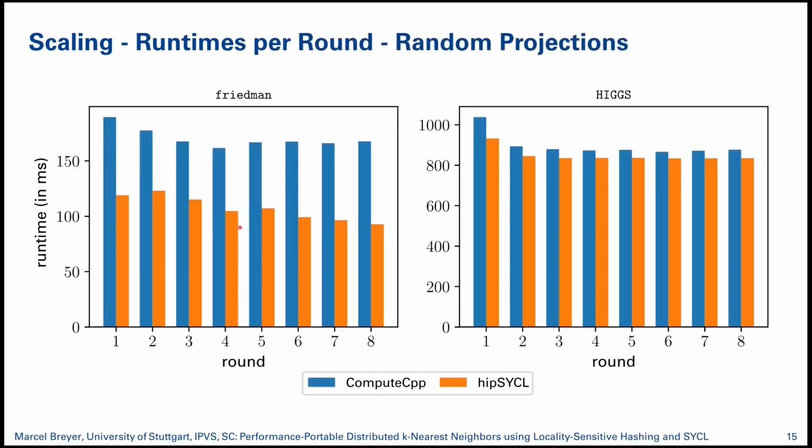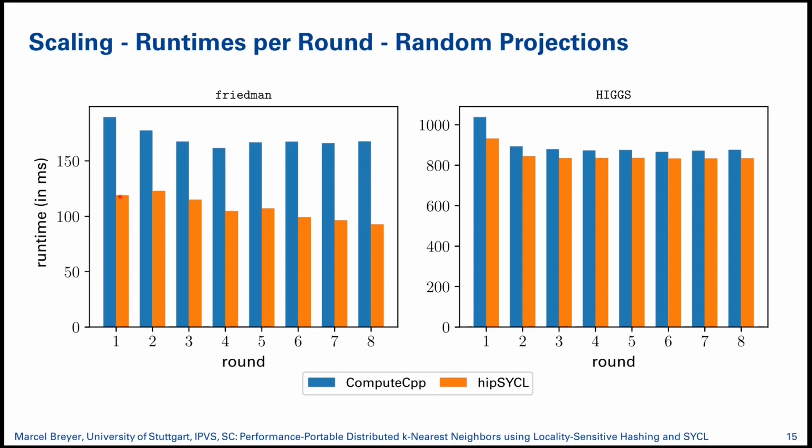In order to explain that, I have plotted the runtimes for the respective rounds, as I mentioned in the implementation section. We have 8 GPUs, therefore to calculate the final nearest neighbors, we have to perform 8 rounds. And now, as we can see, HIPSYCL has less overhead when invoking small kernels.